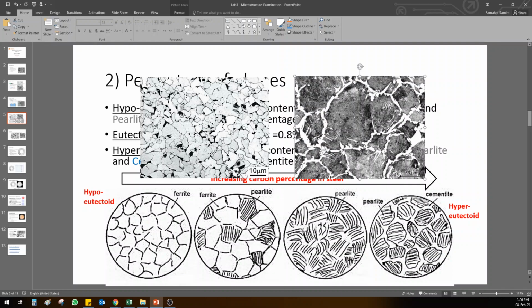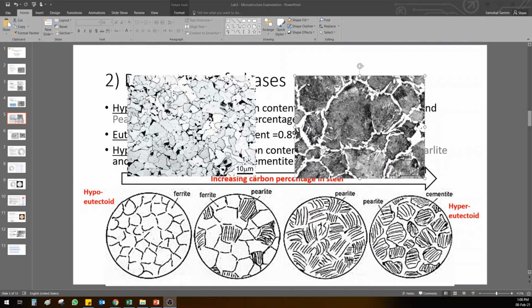For the microstructure on the right side, how do you answer this question? What are the percentages of each phase? In this microstructure on the right side, I have two phases: the black one is pearlite and the white lines are cementite.